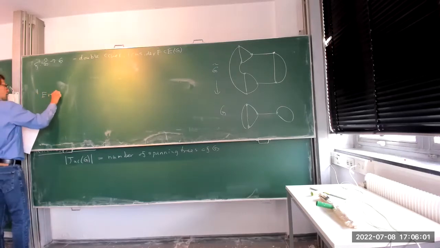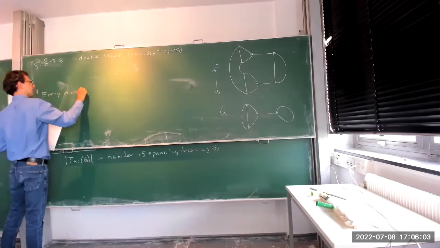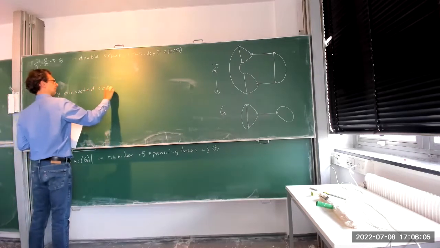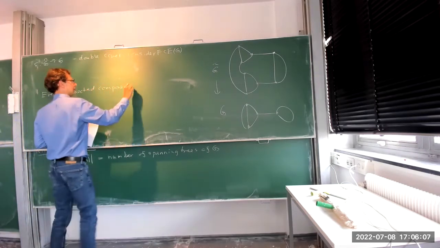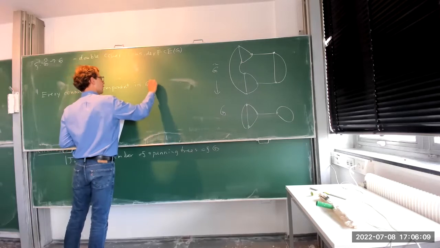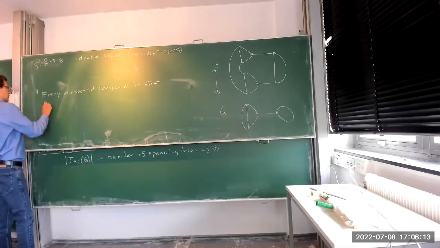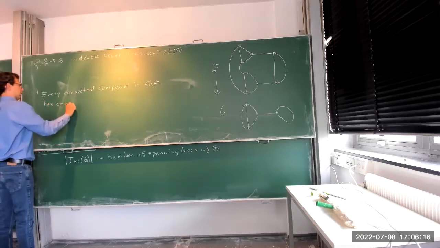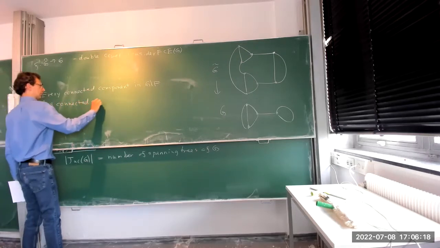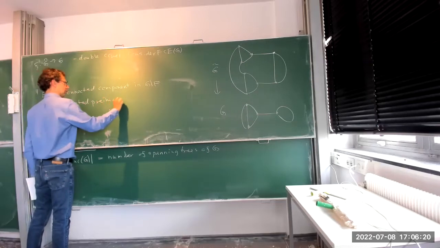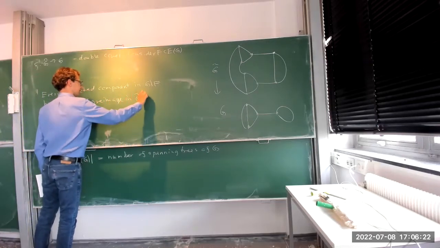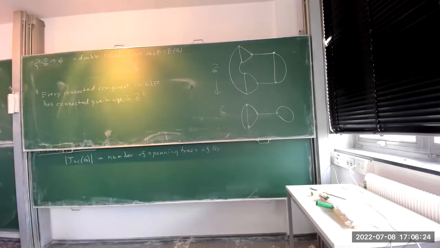Every connected component in G minus F has connected preimage in G tilde. Okay.